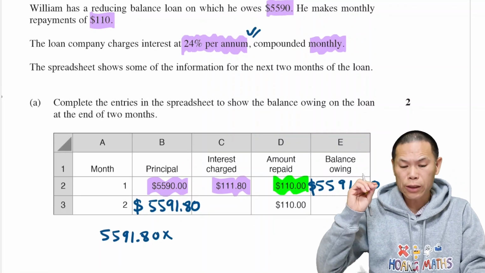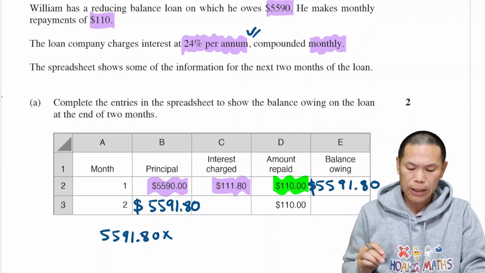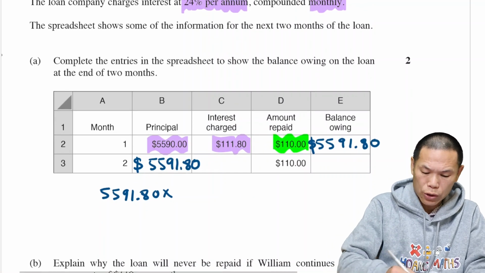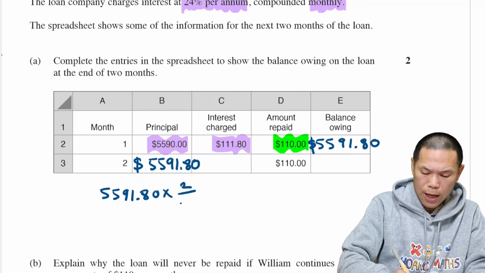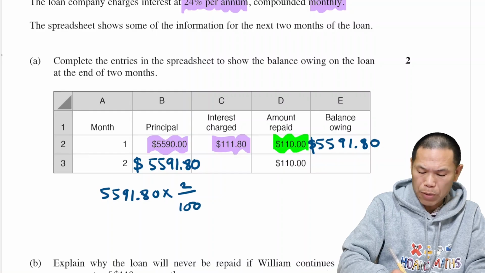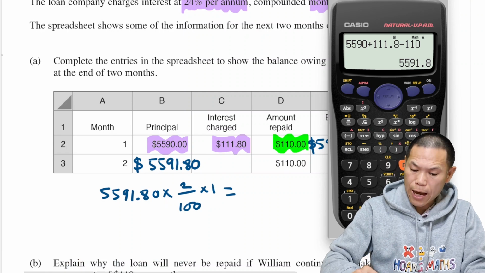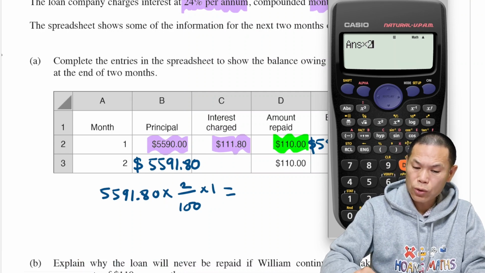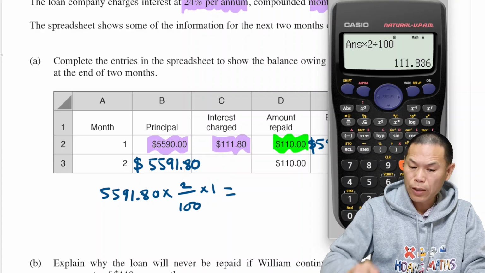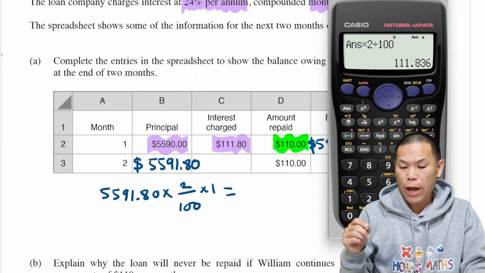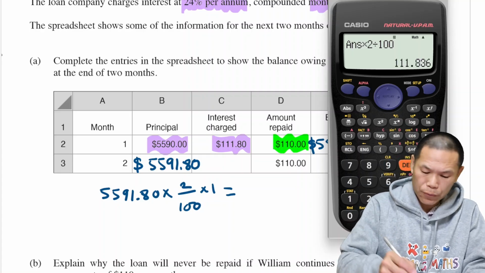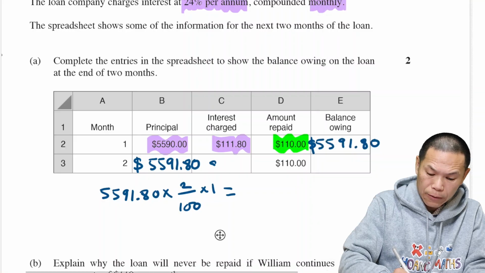So for 1 year, that is 12 months, so 2%, 2 over 100, that's per month. That's the interest, okay? And we times by 1 because it's 1 month. So let me just put on a calculator. Answer times 2 divided by 100. That will do. So 111.84. Correct to 2 decimal places.